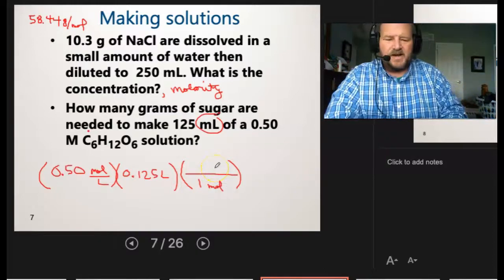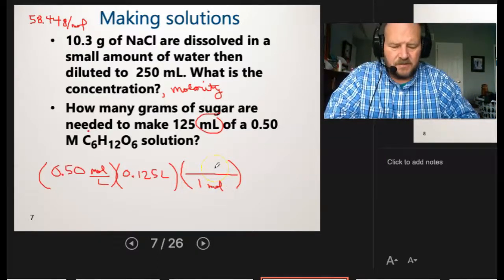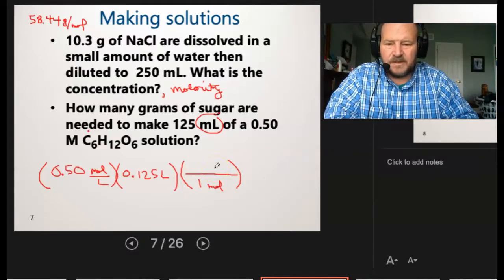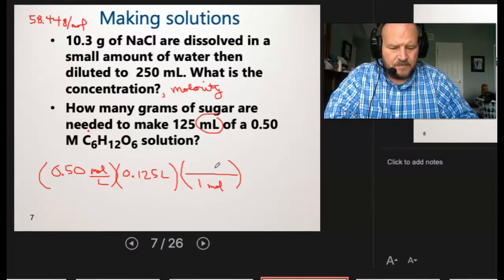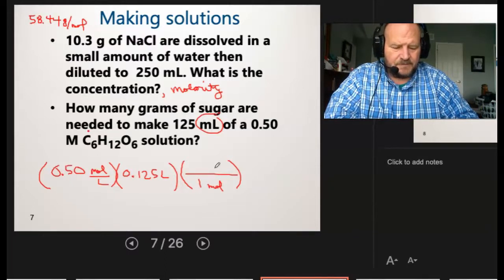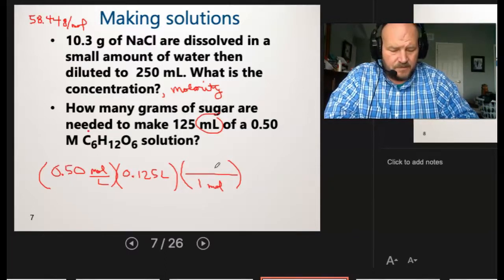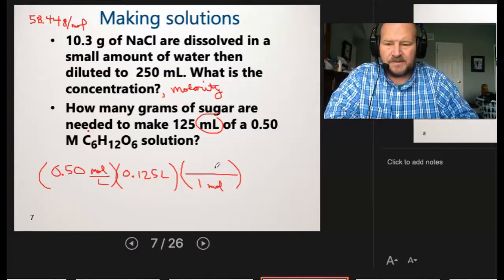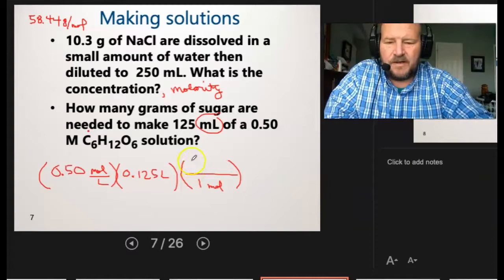It should be about 180. So we got 12 times 6 plus 12 plus 96, yeah, 180. I'm going to use 180.16. So we might be a little different there, but it won't matter.